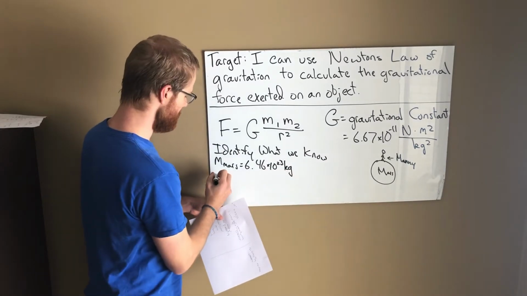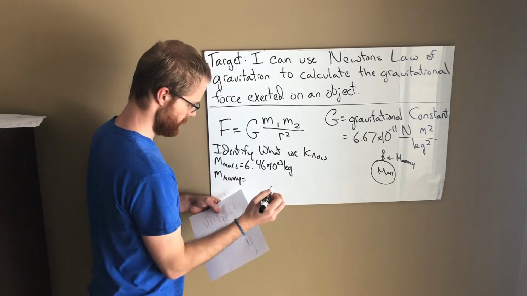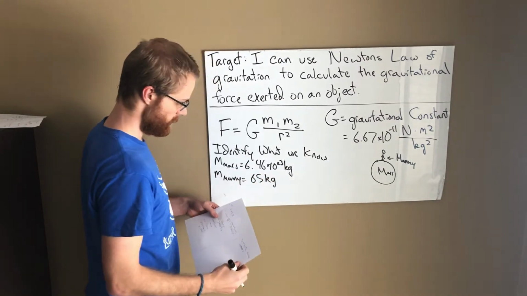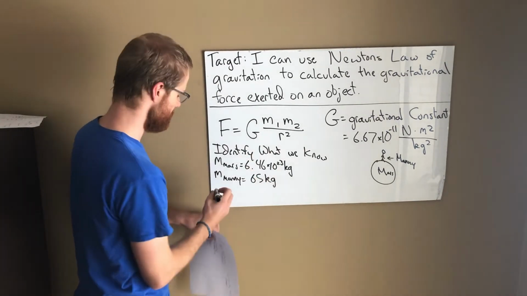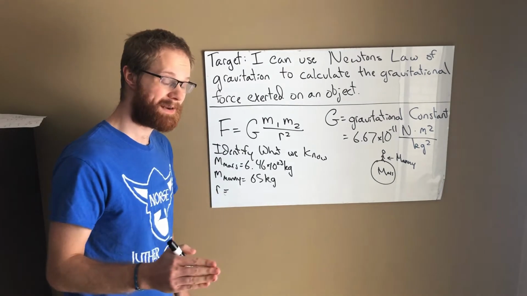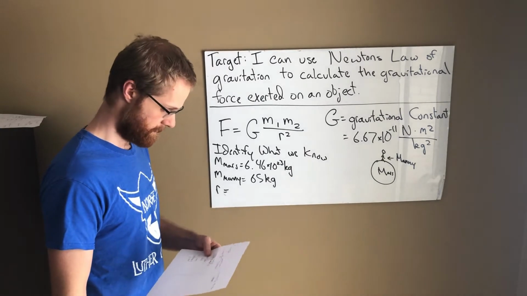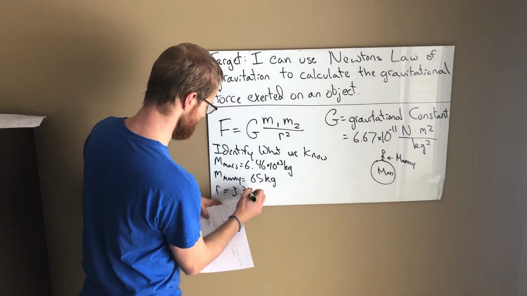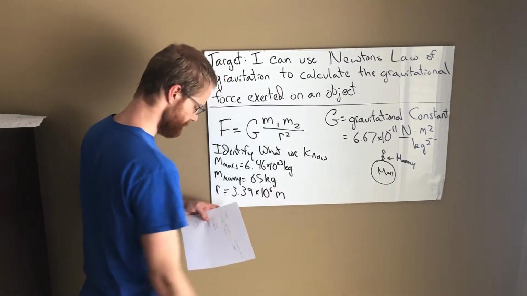We also know the mass of Manny, which is 65 kilograms. We also know the radius of Mars, or basically the radius between the center of Mars and the surface where Manny currently is. So that radius is 3.39 times 10 to the 6th meters.